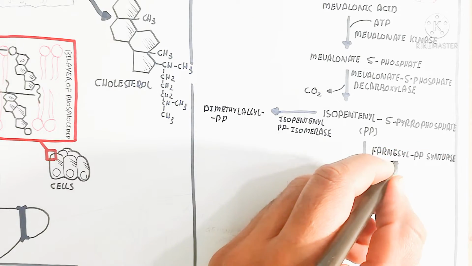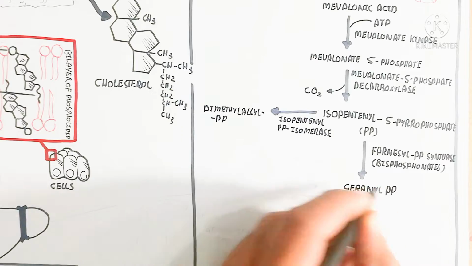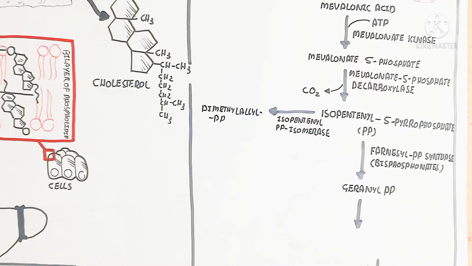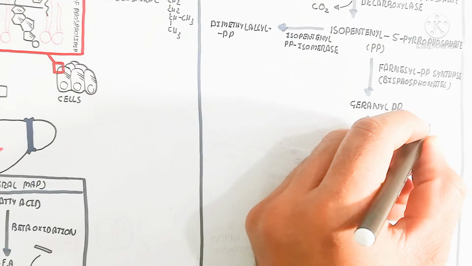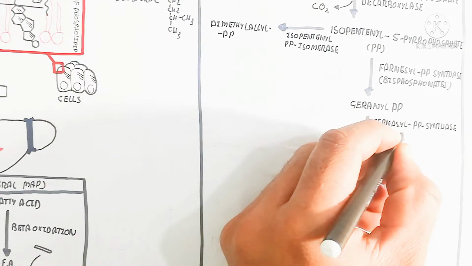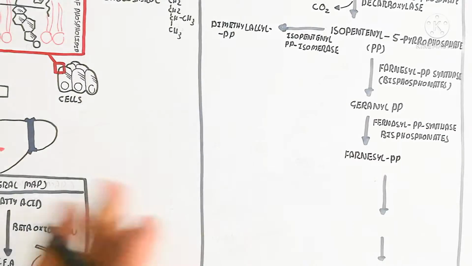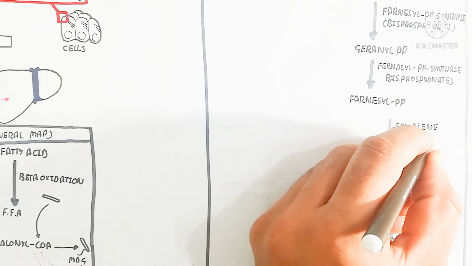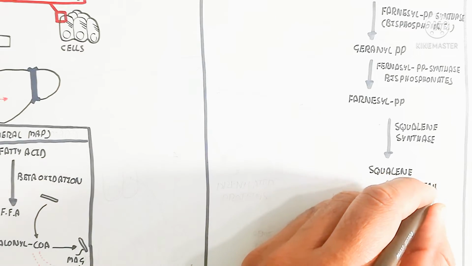The isopentenyl pyrophosphate isomerase enzyme produces dimethylallyl pyrophosphate, and the farnesyl pyrophosphate synthase, inhibited by bisphosphonates, is used to produce geranyl pyrophosphate. This geranyl pyrophosphate is converted in the presence of farnesyl pyrophosphate synthase again to produce farnesyl pyrophosphate.